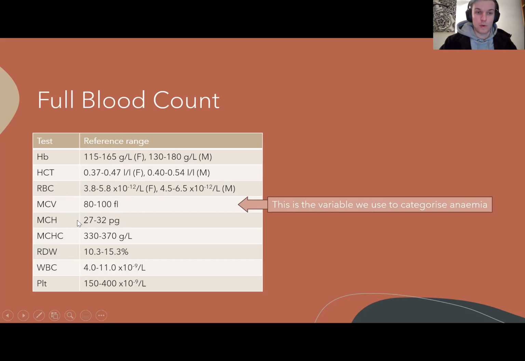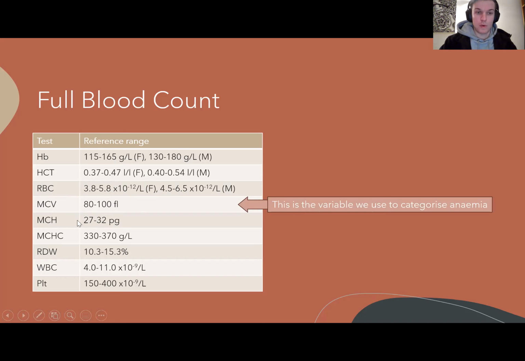This is the normal range. If you've got a big variation, so lots of small cells and lots of big cells, this distribution width is going to be wider. And then you've got your white blood cells, of course, which are your immune cells, and your platelets, which are used for clotting. Both of these can change for different reasons, as I'm sure you know.